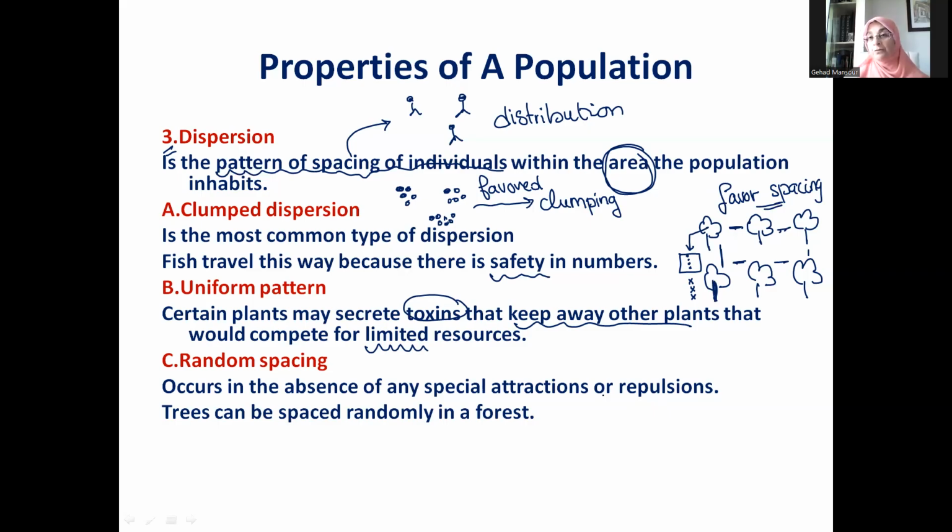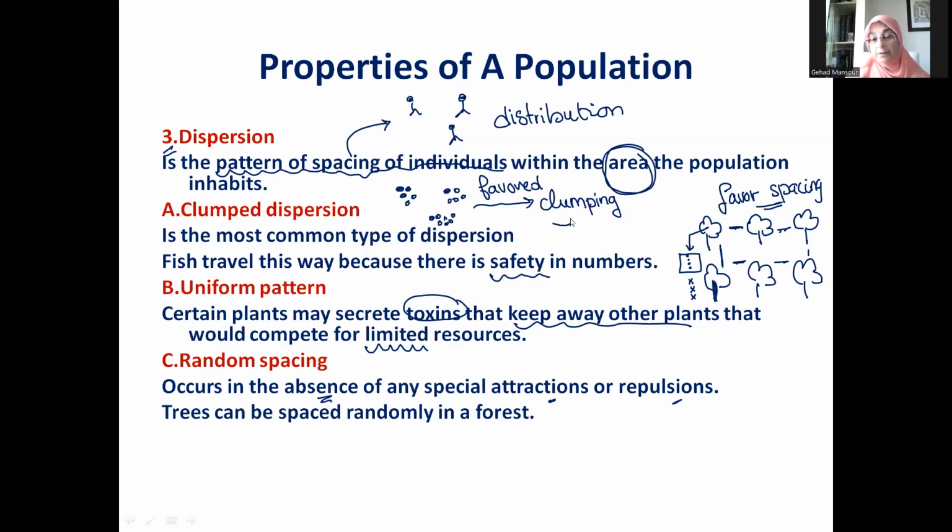When you have neither factors that favor clumping nor factors that favor spacing, it is random distribution or random spacing. So random spacing occurs in the absence of any special reason for attraction or special reason for repulsion.